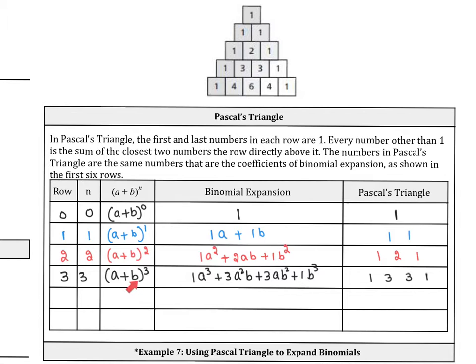Similarly, for b, it starts with no b, then it starts to increase its exponent. So no b here, then b to the power 1, b squared, and at the end you're going to have b cubed.